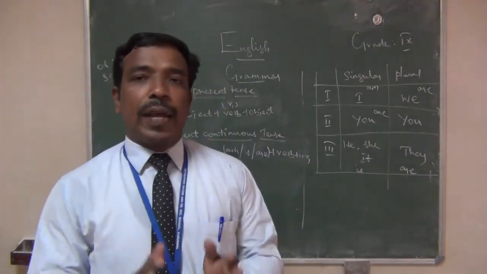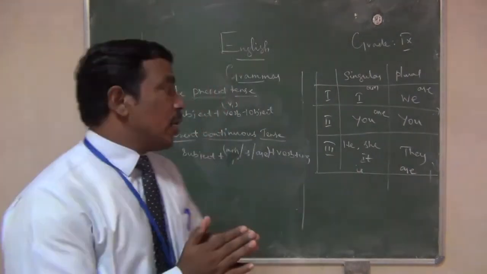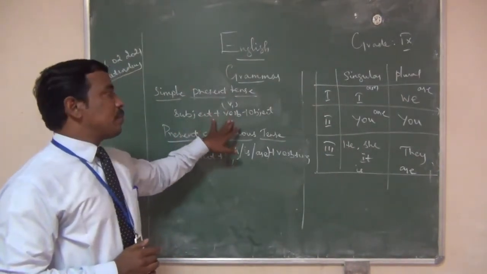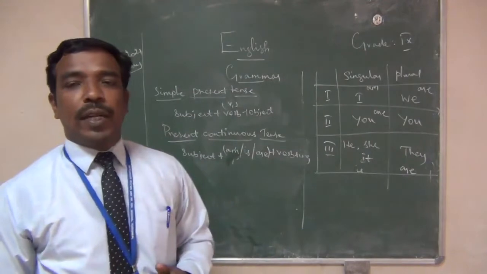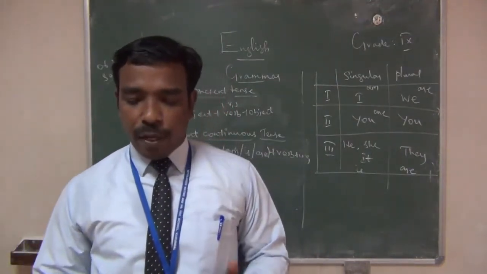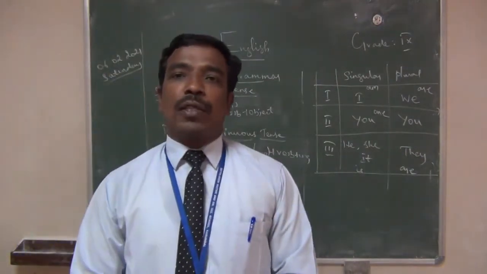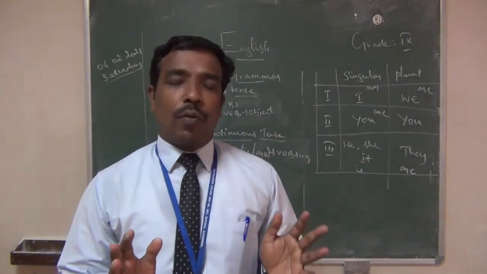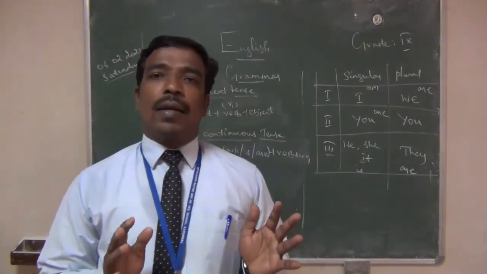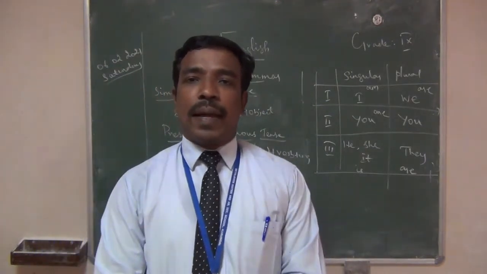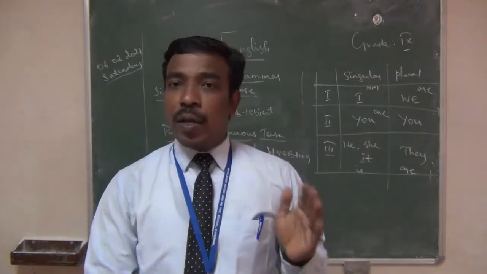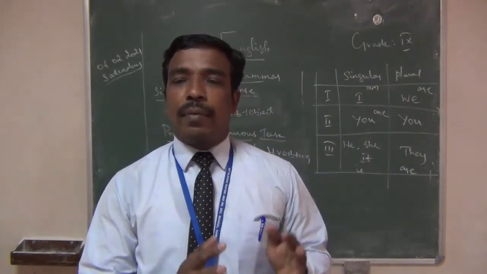Where can we use this simple present tense? The structure is subject, base form of verb plus object. Habitual action means normally what work you do daily. Usually I get up at 7 o'clock or 6 o'clock. I drink my tea.